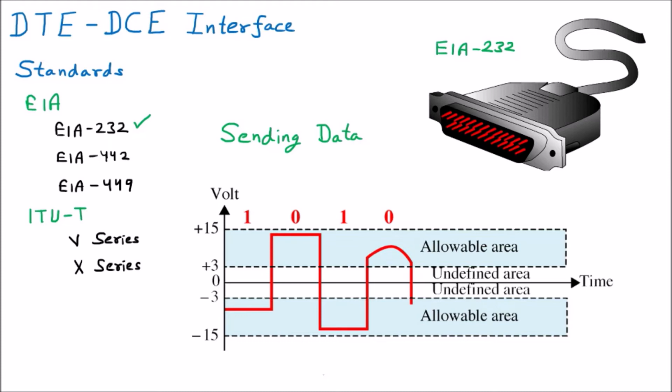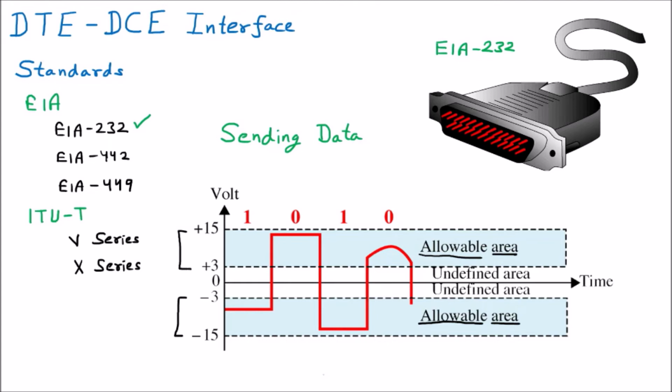Now we must know one thing, the allowable area. Allowable area means only in this area can the data be sent. Data means whatever data we have and want to send. That range is from +3 to +15 volt and -3 to -15 volt.